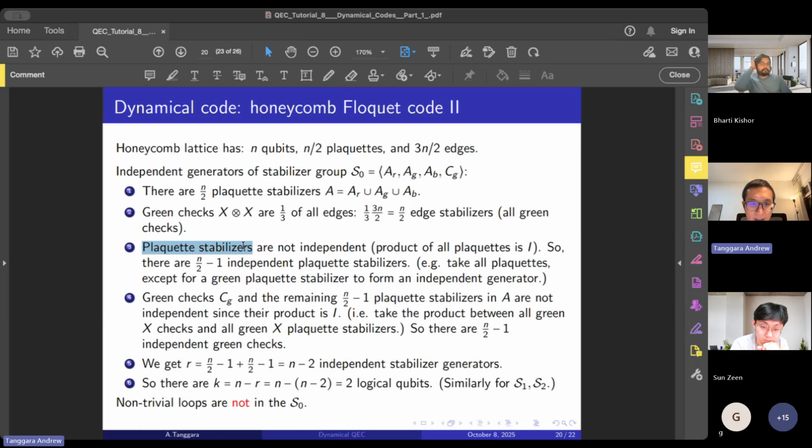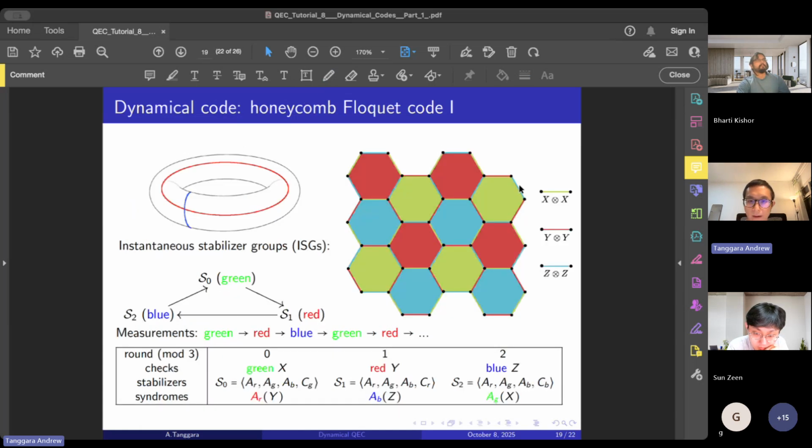Again, I'm going to use the fact that the plaquette stabilizers are not independent, because the product of all of them is the identity. So I can remove just one of them. So there are n over 2 independent plaquette stabilizers. You can take all of them and just take out a green plaquette or something. Now I'm going to note also that if I take the product of these green checks and the remaining plaquette stabilizers, this is also not independent, because these green checks are XX checks. Let me go back to the figure.